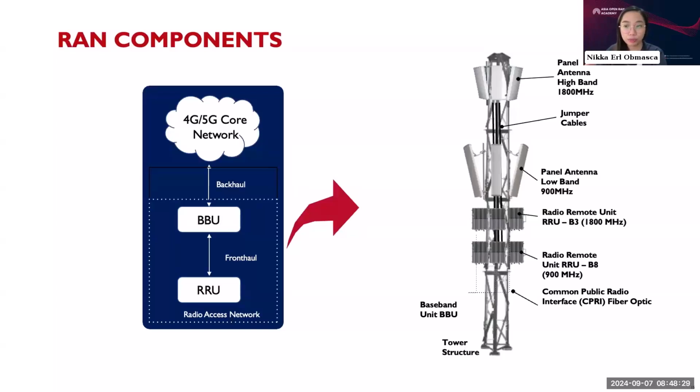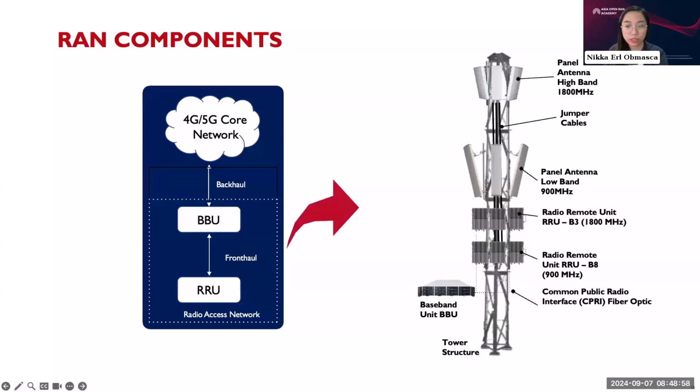So, ano ba yung mga different components na to? So, we already have the antenna, we have the RRU, also we have what we call the BBU. So, yung BBU naman natin is responsible to process the digital signals coming from the RRU, ito yung mga RRU natin, and transmit these signals to the core network.